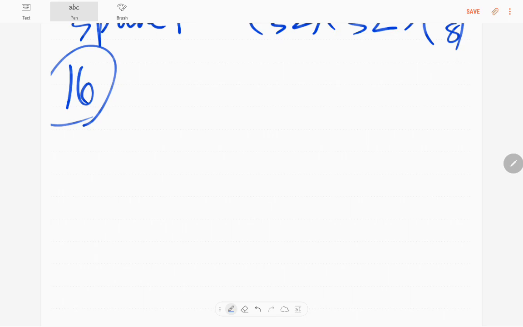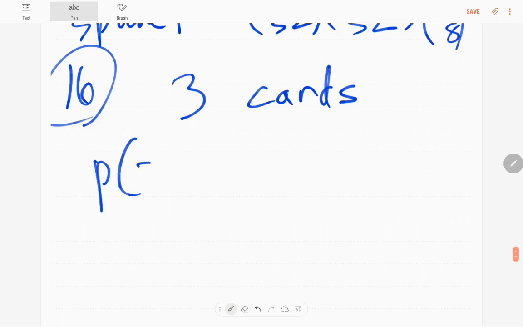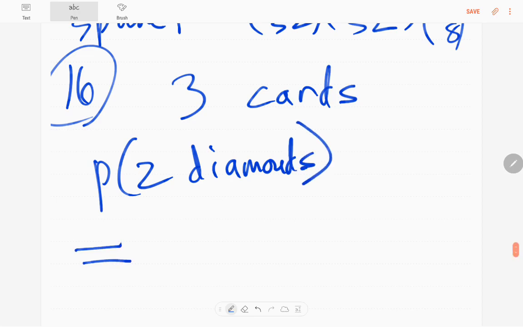So this one is a little bit tricky, and I don't think in this case, because we have 3 cards, we want to consider all the different orders. I'll show you a better way to do this problem. But we're looking for the probability we get exactly 2 diamonds. All right, well, let me show you how to do it.